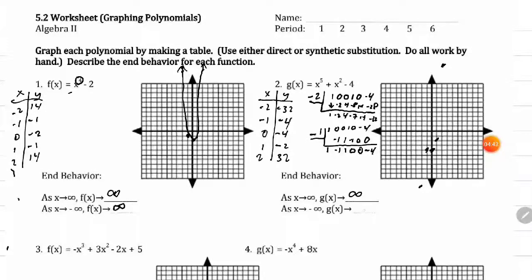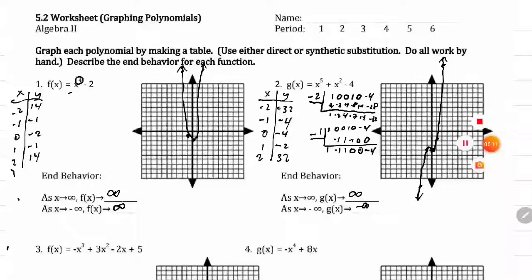As x goes to negative infinity, y goes to negative infinity. So let's see what that graph looks like. Now, once you get familiar with x to the 5th, they actually do a little hump here. There we go.